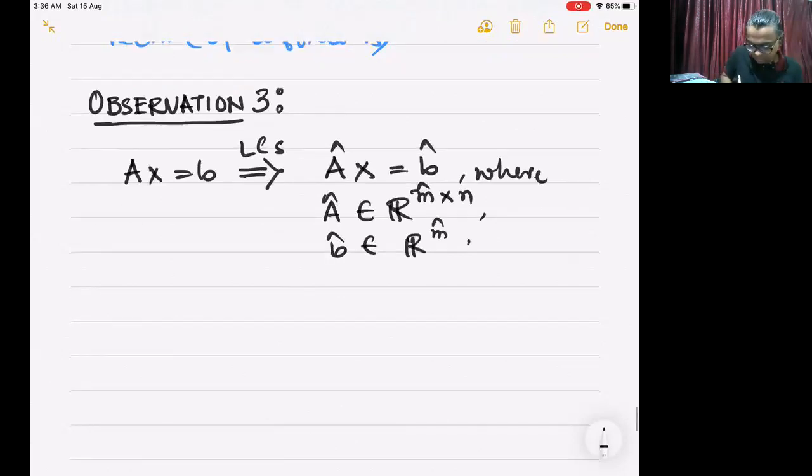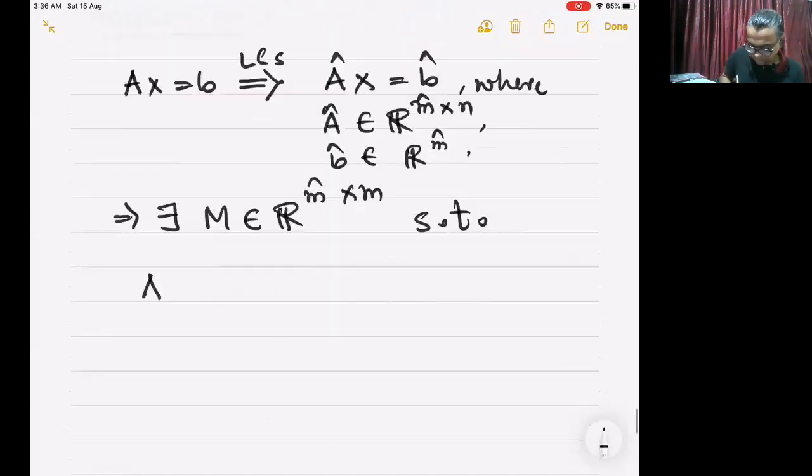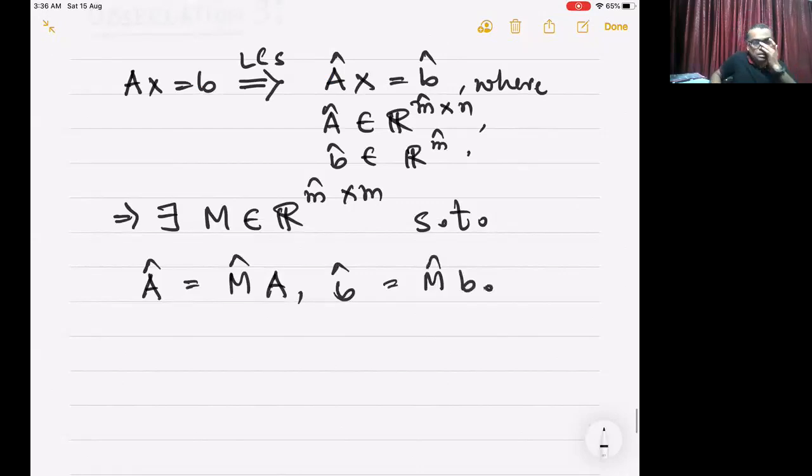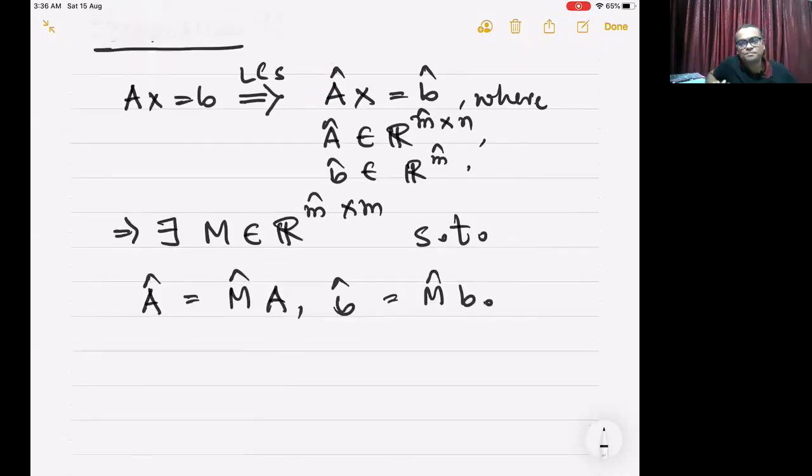And this actually means there exists a matrix M, which is of size M hat cross M, such that A hat is equal to M times A and B hat is equal to M times B. This immediately follows from observation number 3.